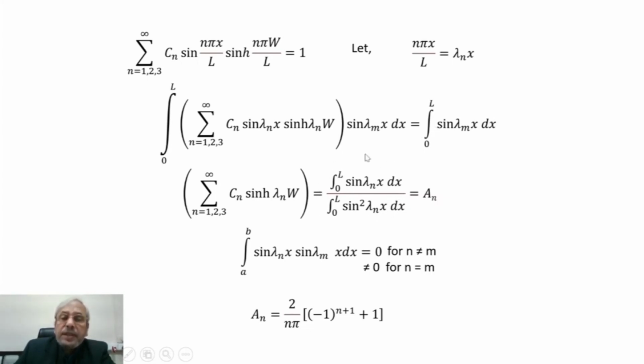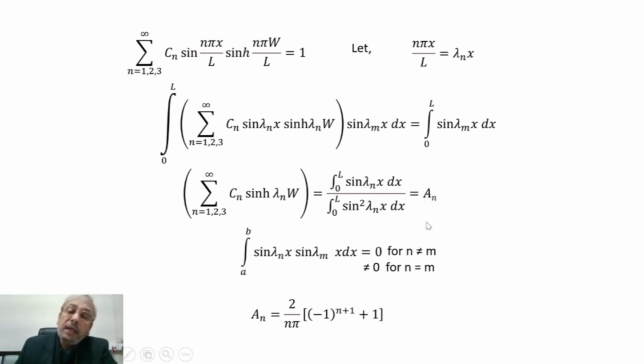So this part can be written as an. So this series, n equal to 1, 2, 3 up to infinity, Cn sine hyperbolic lambda n w, this equal to an.